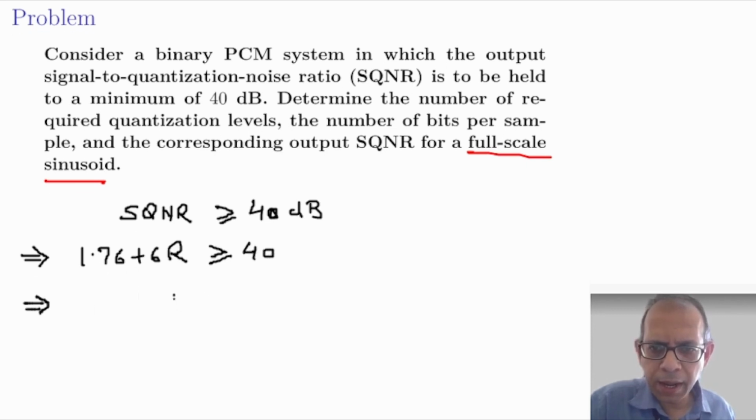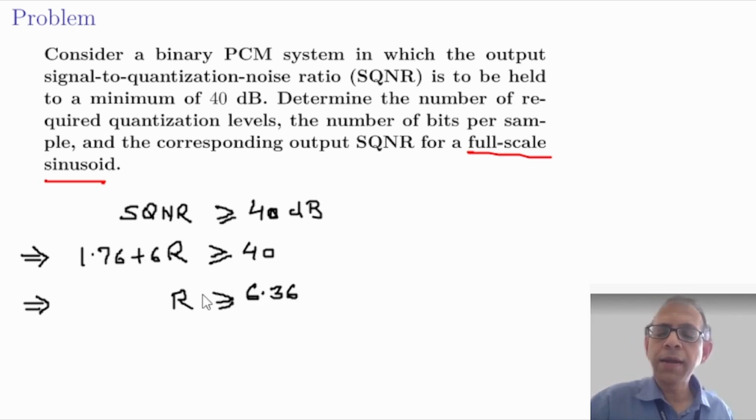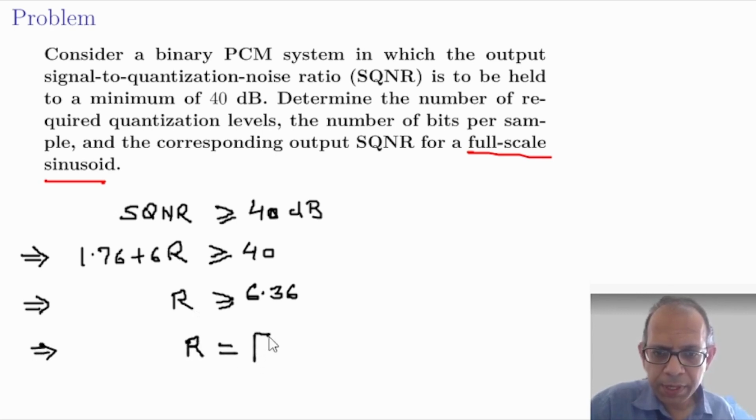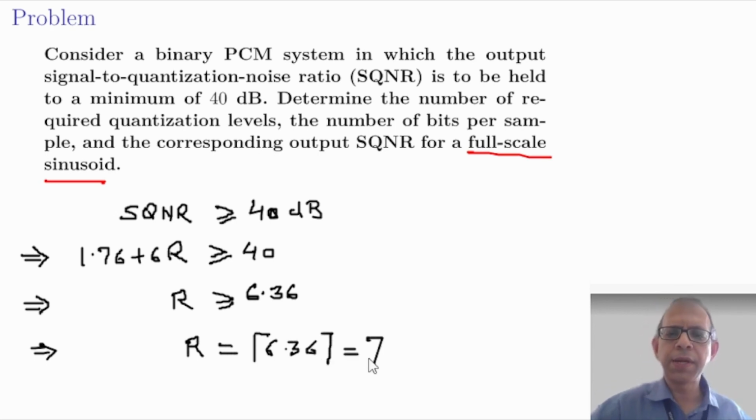From here, R must be greater than or equal to (40 minus 1.76) divided by 6, and that comes out to be 6.36. But R, which is the number of bits per sample, must be an integer greater than this number 6.36. So R must be equal to the ceiling of 6.36, which is equal to 7 bits per sample.